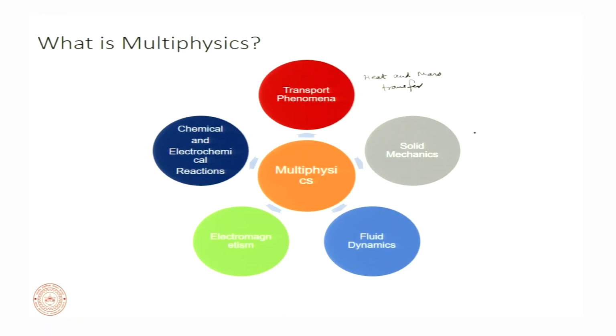So the solid mechanics will be able to solve for the stresses and strains. Our modules for fluid dynamics should be able to solve for flow and flow properties. We can also solve for electromagnetism, that is, if there is a current flowing or there is a change in magnetic field and due to which some induced voltage is present, we can solve for electric fields and magnetic fields. So electric and magnetic fields.